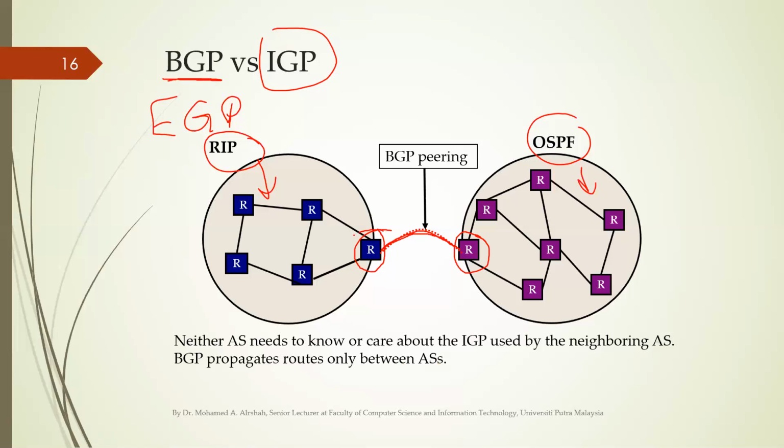So this router will know how to deliver data to this router, but it's not going to know how the inside routers are connected together and what IP addresses they have. It's not their business. So this router should know how to deal with the other BGP speakers in order to provide connectivity among the two different autonomous systems.